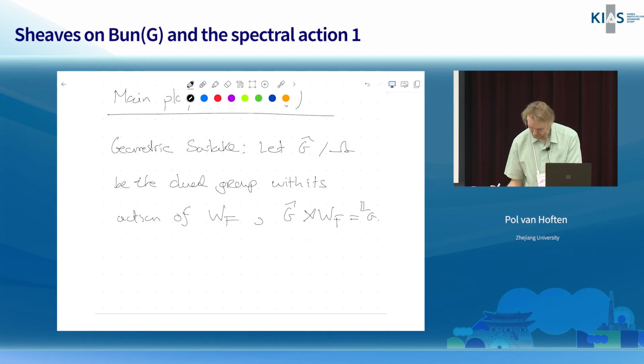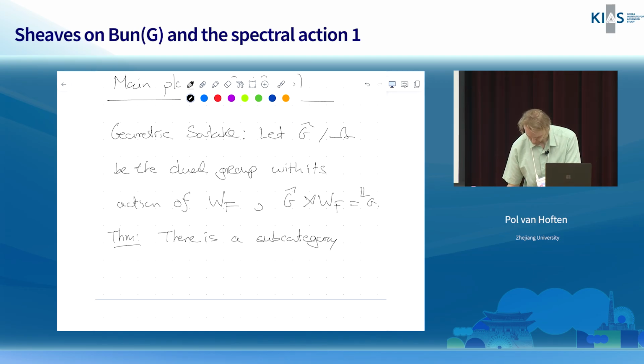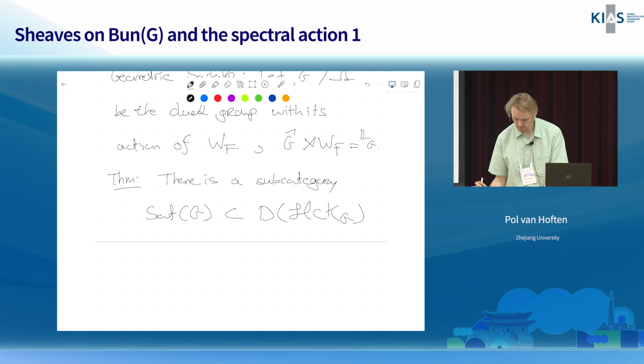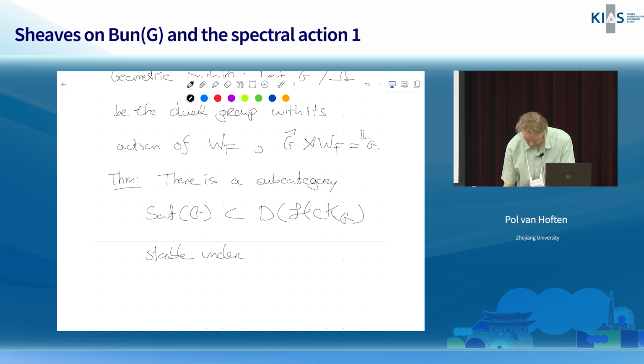And what geometric Satake tells you is, so the theorem is that, first of all, there is a subcategory Sat G inside of D of the local Hecke stack, stable under convolution.